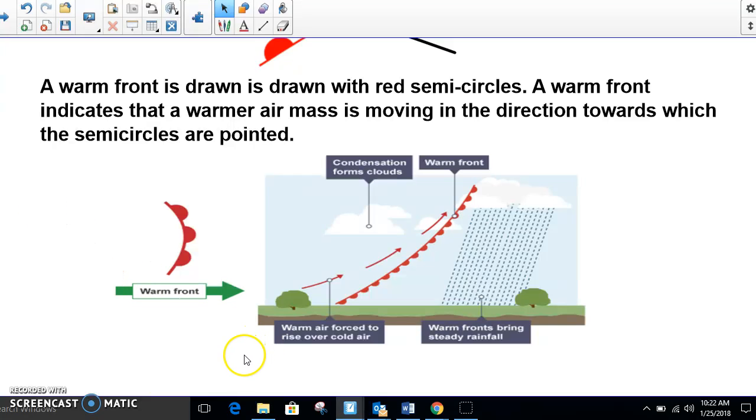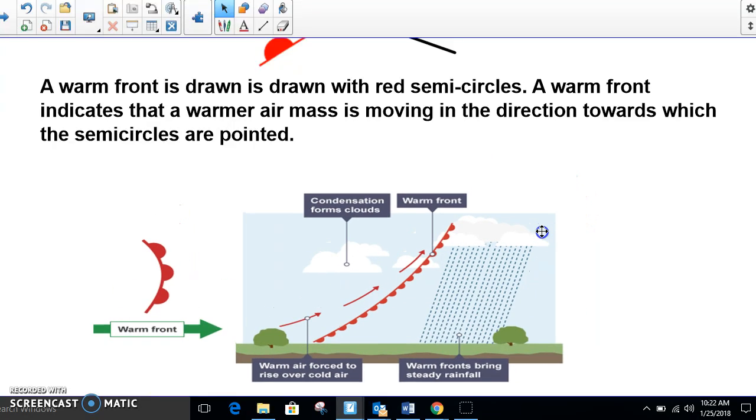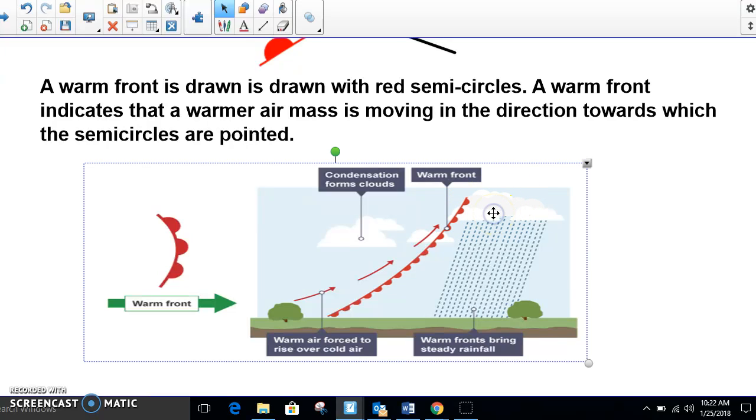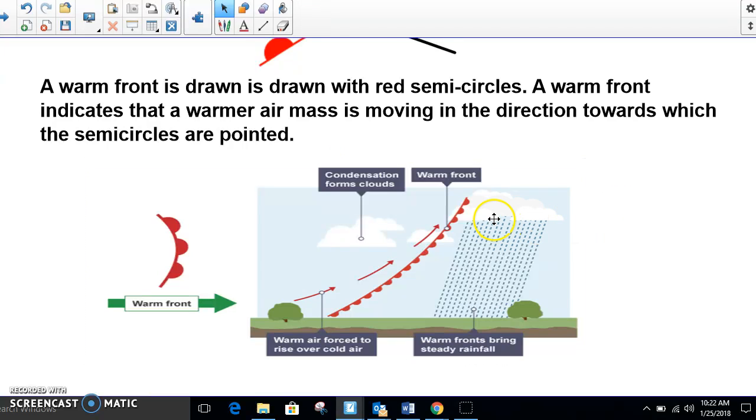And what happens when the warm front goes over an area, it rises because it's lighter than the cold air, and the cold air will sink. Warm air rises. Of course, they meet and condense and fall, and rain is formed.